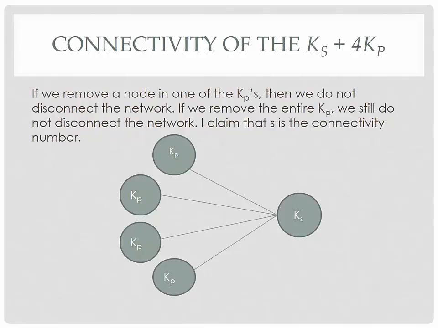So if we remove the S vertices, remove the entire KS, we increase the number of components to 4. And if we remove one of the KPs, we still have 1 component. If we remove 2 of the KPs, we still have 1 component. So I think we will agree that this graph has connectivity number S.